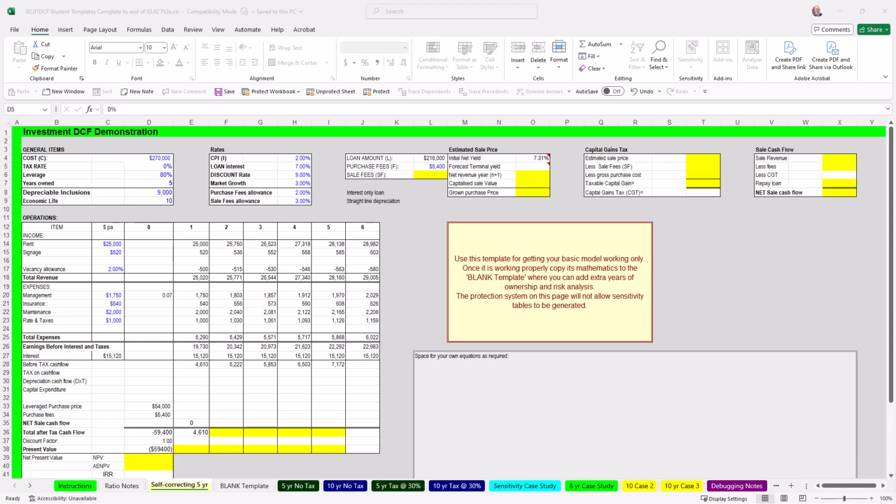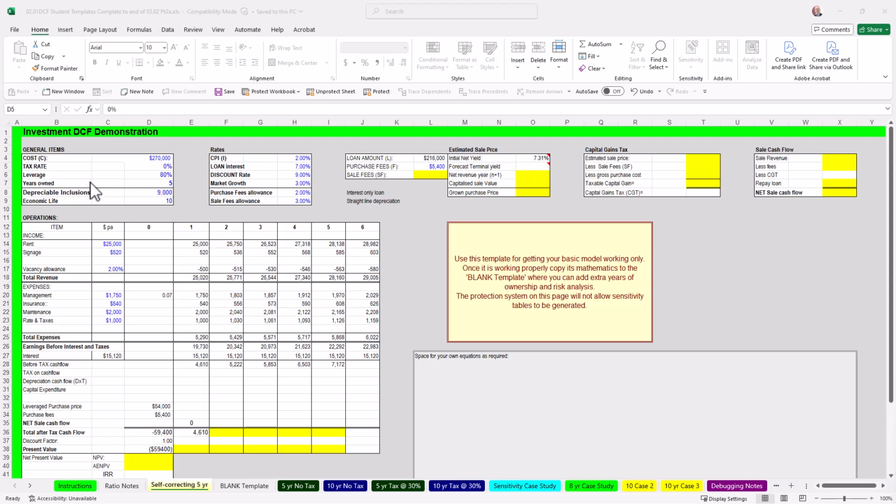While we have our annual cash flows calculated down to the before tax cash flows, one absolutely important thing in all discounted cash flow models is to consider the end of the event, the end of the project.